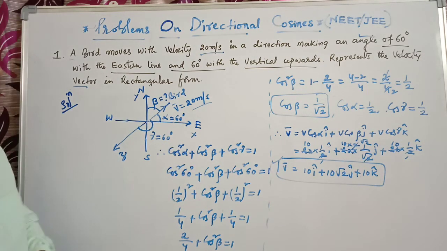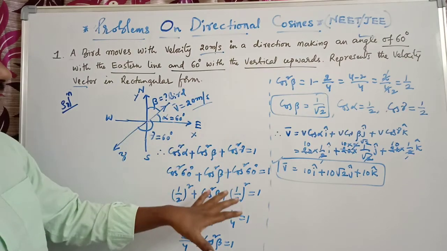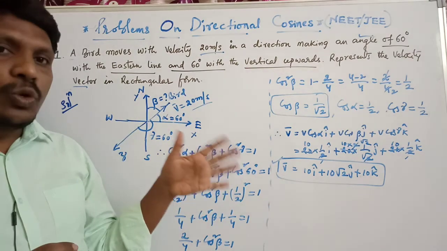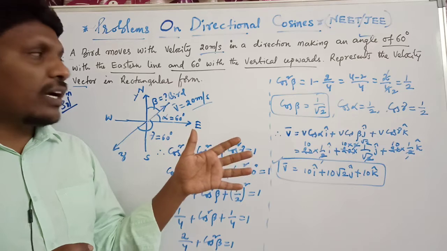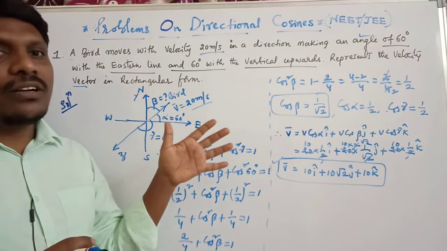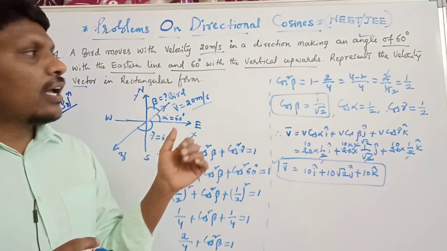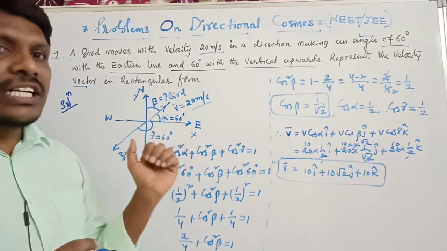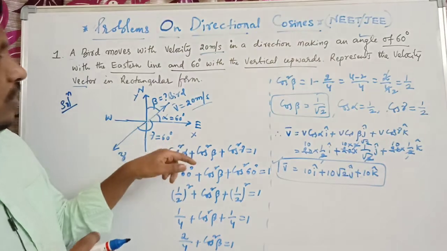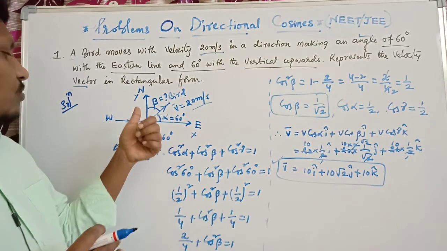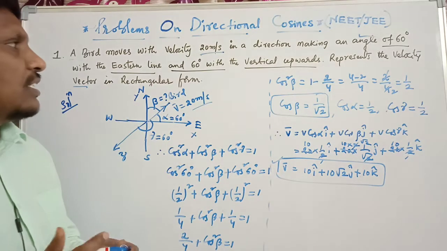From these direction cosines we can find the position vector, and also we can find the direction of that bird or aeroplane, and the angle at which it is moving with respect to the x axis, y axis, z axis, that we can find simply.